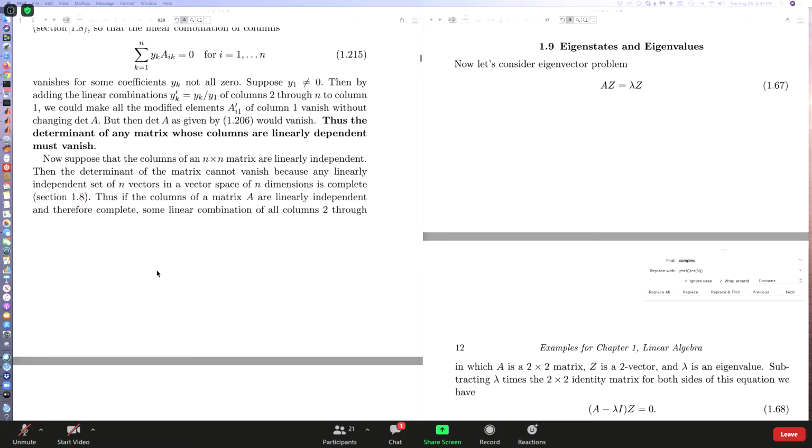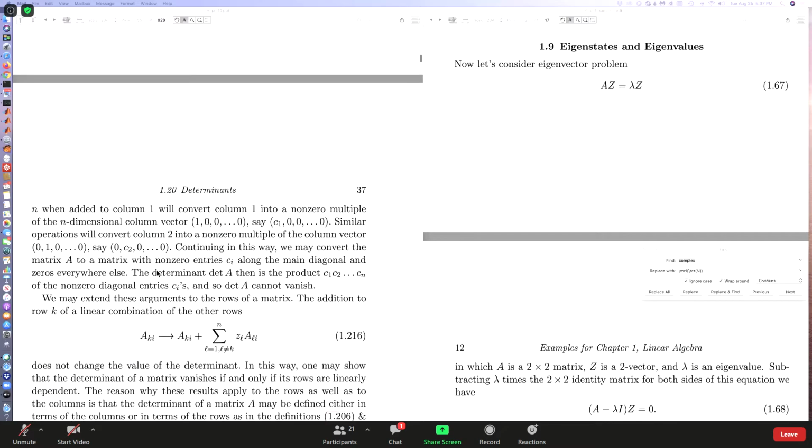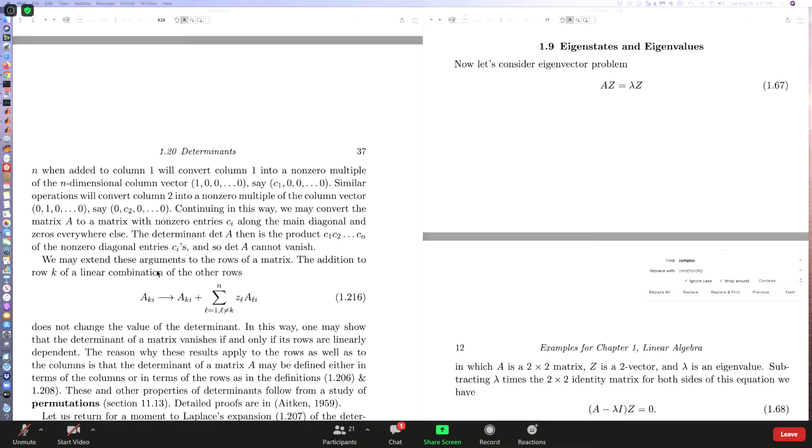so if we do that, we can convert column 1 into a vector that has C1 in the first row and zeros in all the other rows. And we can do the same thing with column 2. We can make it 0, C2, and all zeros. This is because these columns are assumed to be n-dimensional and linearly independent.